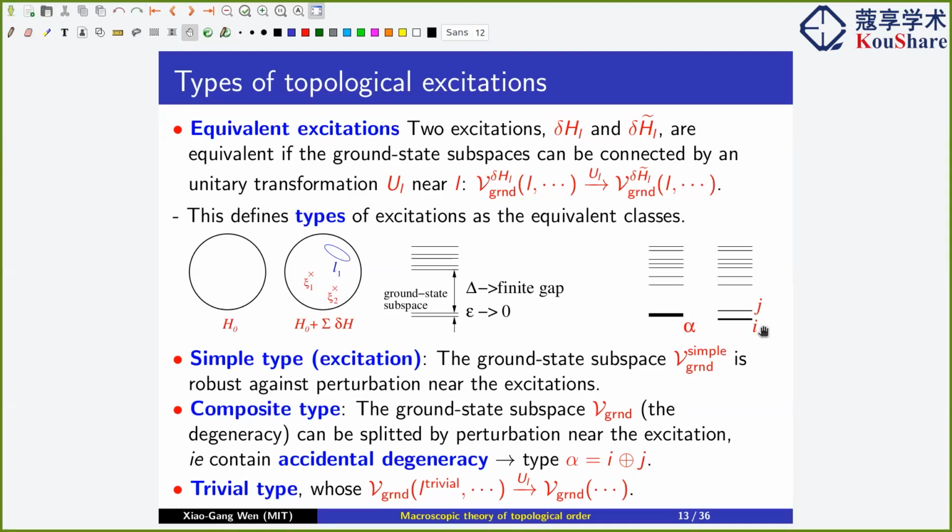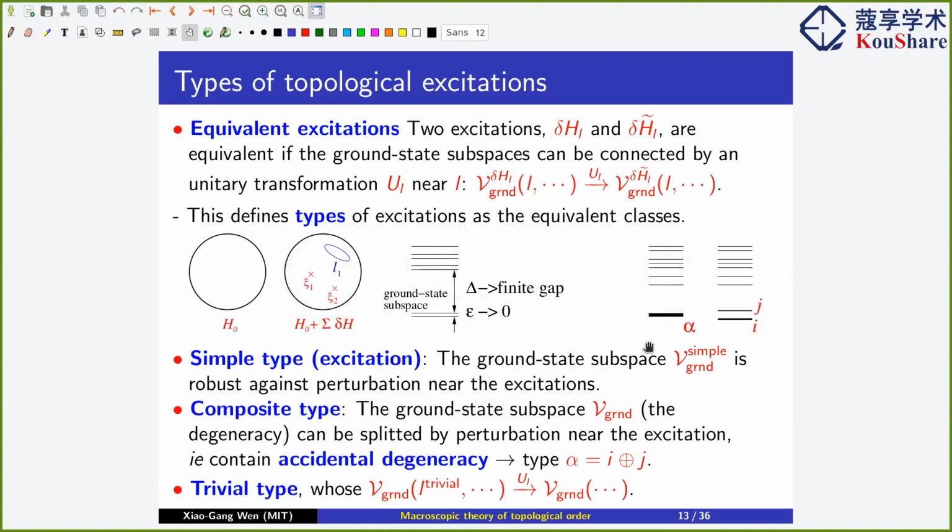When mathematicians talk about excitations, they never say excitation, they call it an object. When they say object, their object actually includes this accidental degenerate excitation. I think in physics, when we say excitation, we already assume there's no accidental degeneracy.